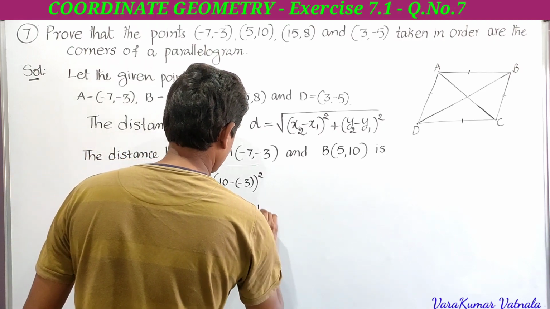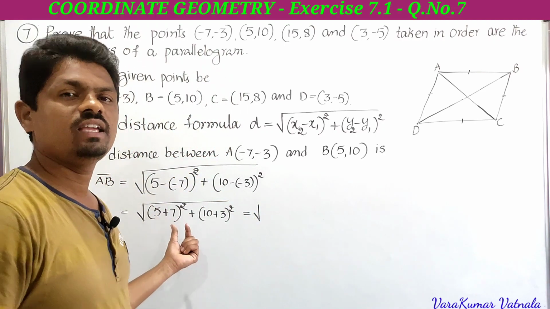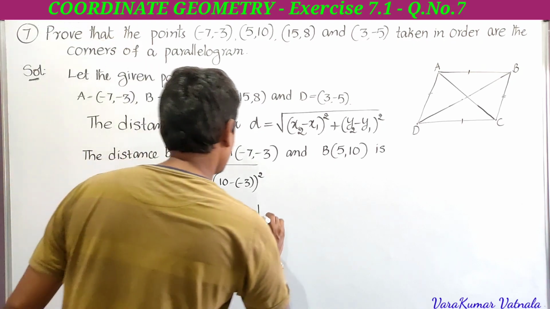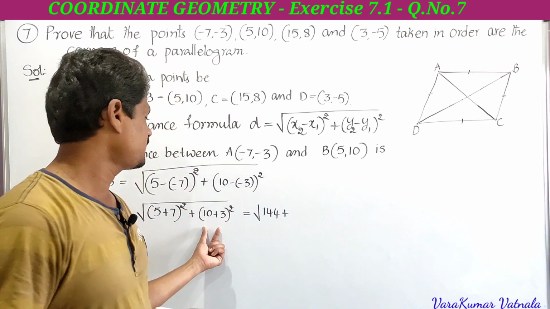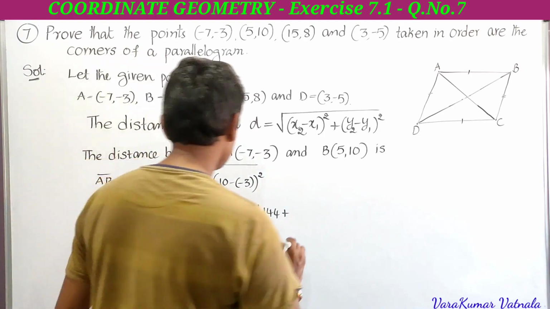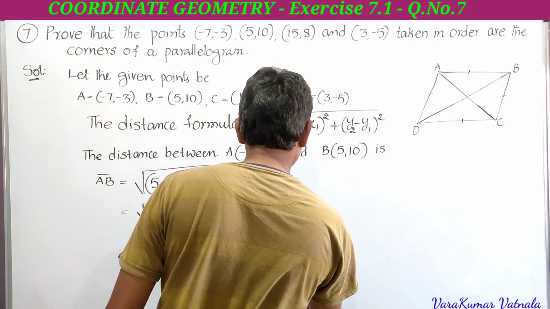So see here, 5 plus 7 is 12, 12 square is 144, plus 10 plus 3 is 13, 13 square is 169.